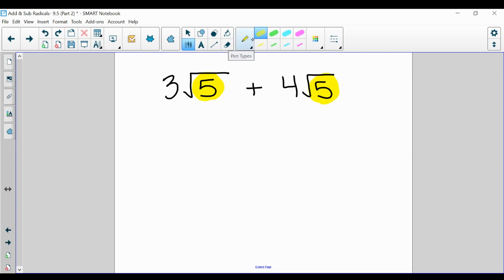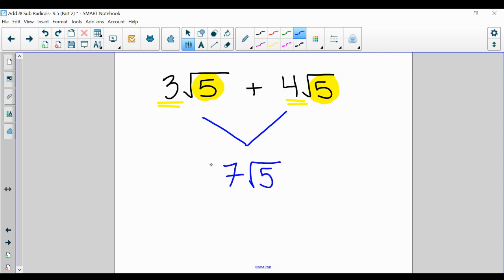In this situation, we do have the same number, which means we are able to add them. The way we add them is we look at their coefficient, the number out front. On the left, I have 3 groups of the square root of 5 plus 4 groups of the square root of 5. This allows me to combine them to say that I have 7 groups of the square root of 5, or more simply, 7 root 5.